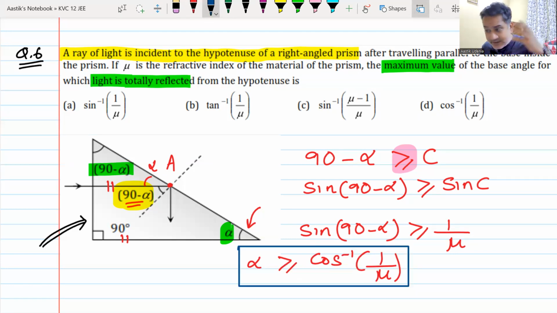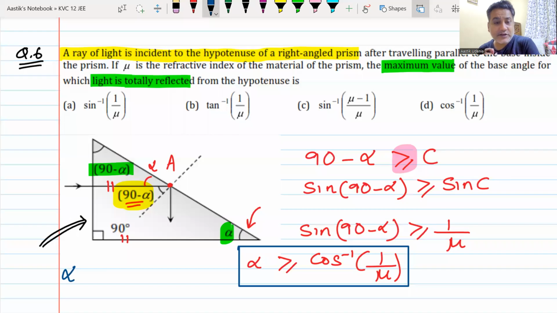Now you can apply common sense and tell me alpha should always be greater than a certain thing, or it can be equal to a certain thing. What will give me the minimum value? You will get the minimum value if you equate alpha to cos inverse 1 by mu. Therefore, you will get the maximum value if you equate it.